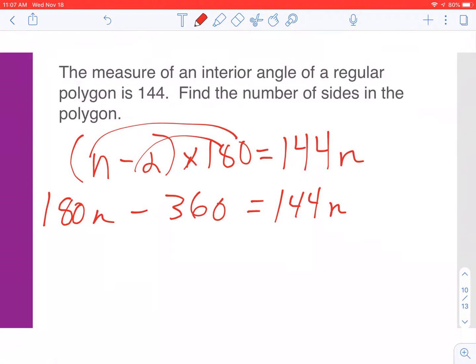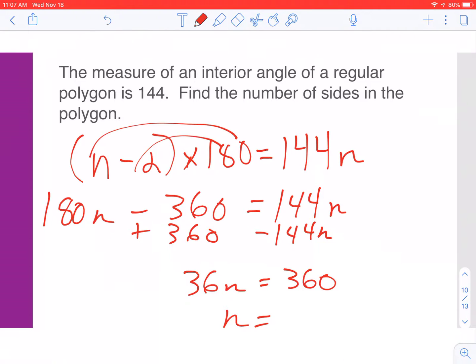And then what I'm going to do is add 360 and subtract 144n. So I will get 36n equals 360, n equals 10 sides.